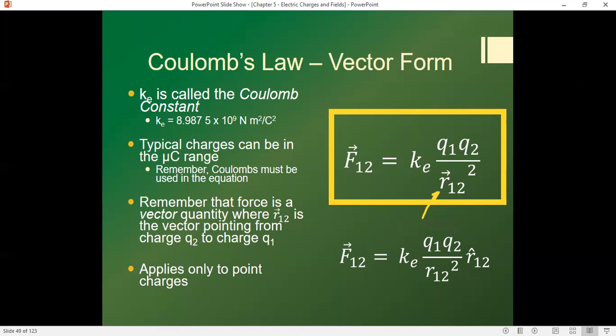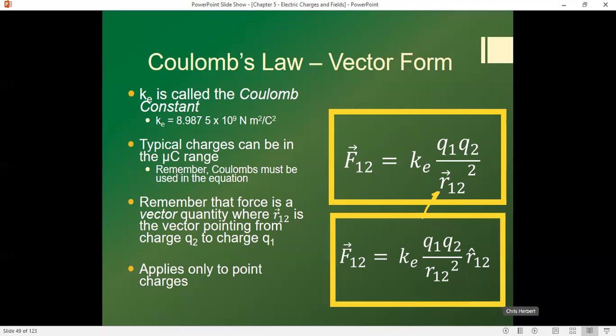Or alternatively, if we want to write it with unit vectors, we can write it this way. Really what we have is the scalar calculation that you do normally: the electrostatic constant times the product of the two charges divided by the distance between the two charges squared. Then the unit vector would point in the direction of the force.